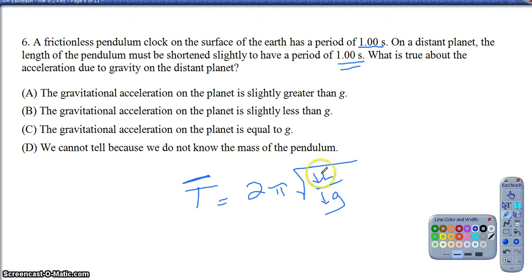So in general terms then, if the length decreases, the acceleration of gravity better be slightly less as well. So since we had to shorten it slightly, the acceleration of gravity on that other planet would have to be slightly less than g. So option B is my correct choice there as well. So again, a good example for breaking up the equation for the period of a pendulum.